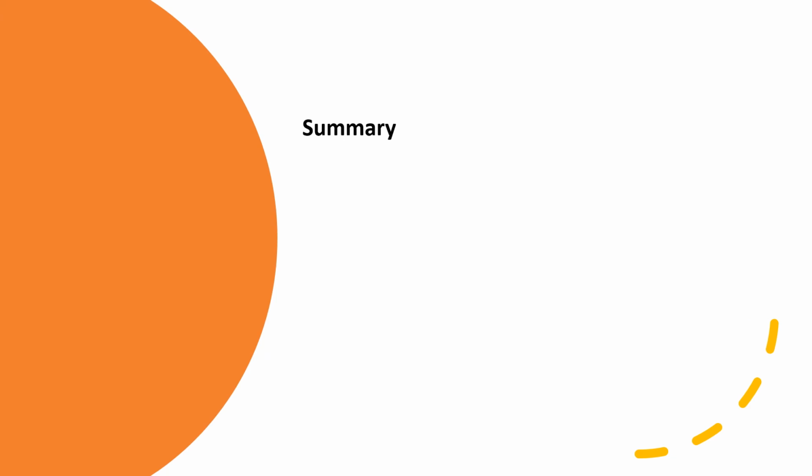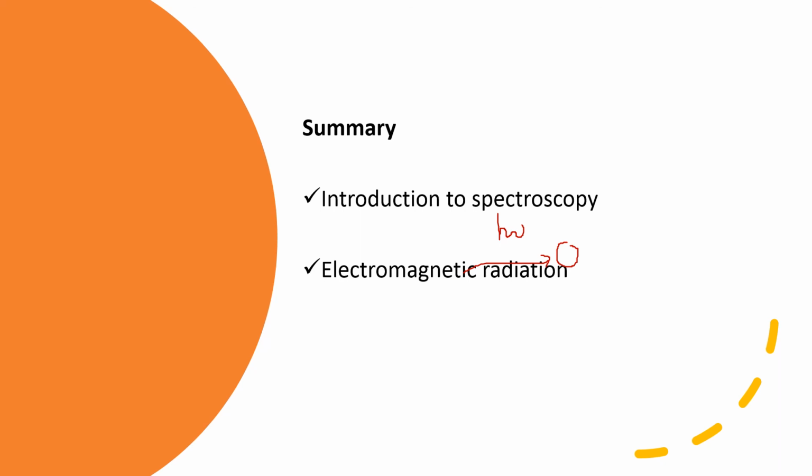So to summarize, we have gone through the introduction of spectroscopy, where spectroscopy is nothing but the interaction of electromagnetic radiation with matter, and we have also gone through electromagnetic radiation. It is nothing but a simple harmonic wave which travels in straight lines.